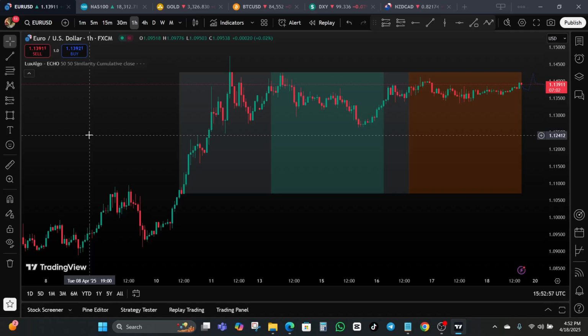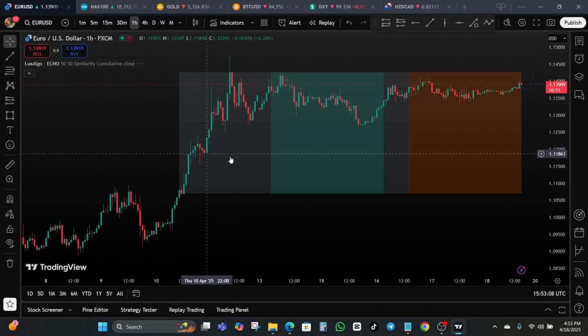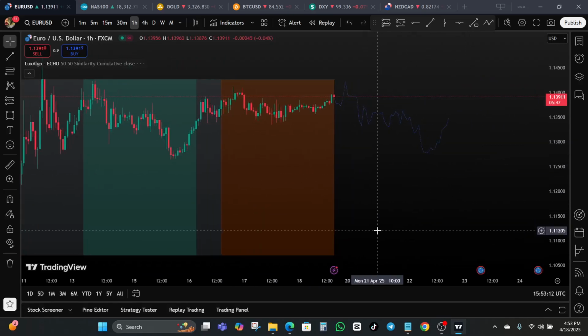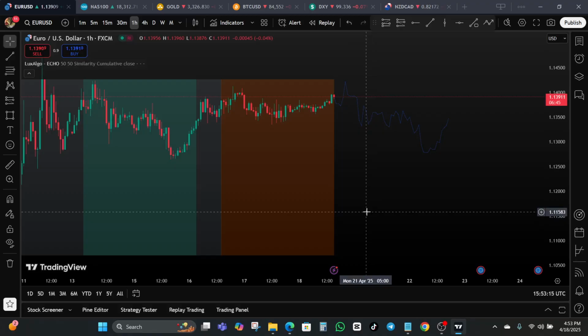Now, what is the Echo Forecast Indicator? Basically, the Echo Forecast works by taking past price patterns and echoing them into the future.